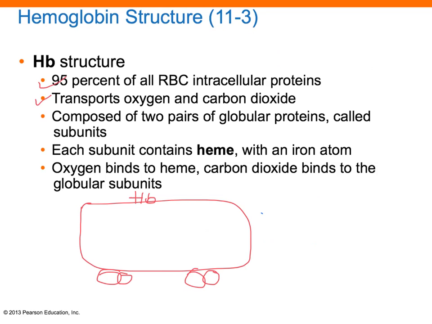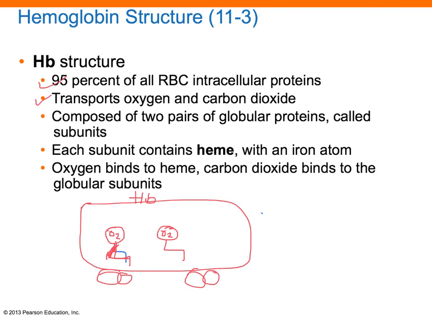The hemoglobin bus has these passengers in there. Here are your passengers, sitting down in the bus. Okay, so these would be oxygen. And they also have carbon dioxide passengers.